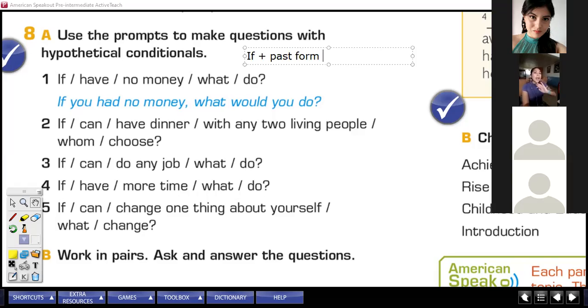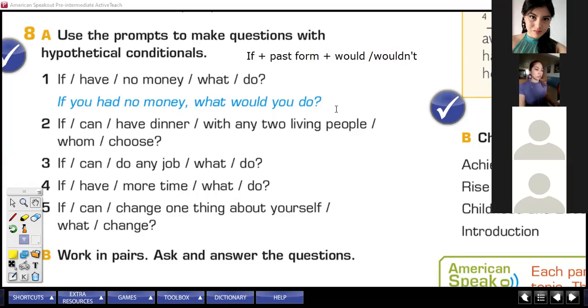If you had, si no tuvieras, if you had no money. Ya vieron que se utiliza en pasado. Y después de eso, ¿qué necesitan? Would o wouldn't. Entonces, estamos pretendiendo algo. If you had no money, imagina que no tuvieras dinero. What would you do?